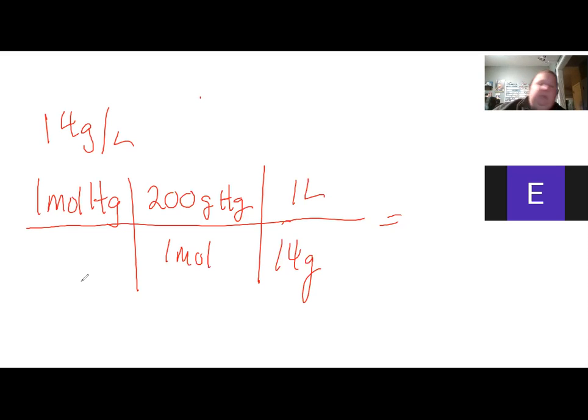That might make it a little bit easier. So 200 divided by 15 is close to 13. What are my choices?